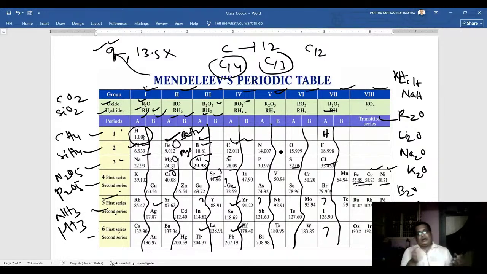But in the modern periodic table, all the elements present on the left side are generally metals, on the right side non-metals are present, and in between metals are present.